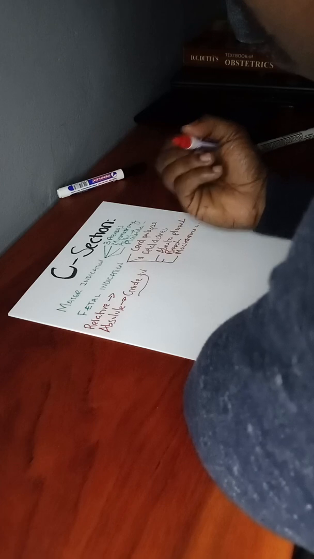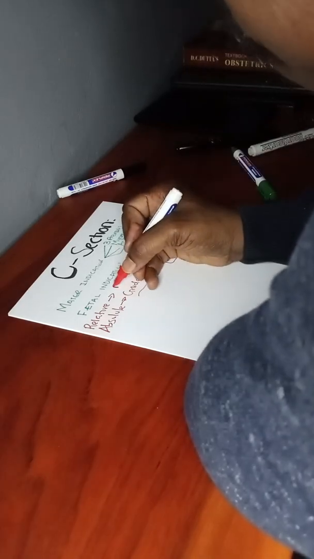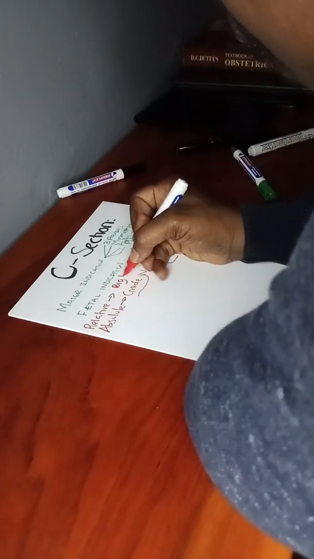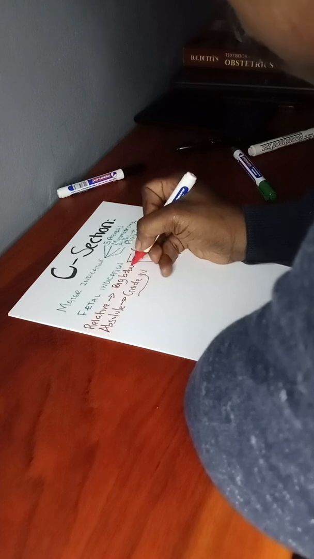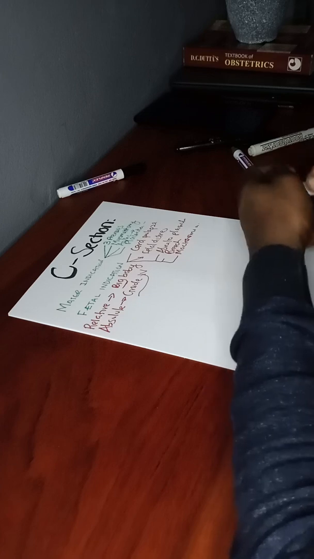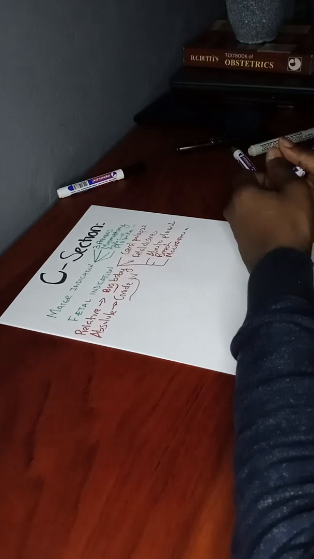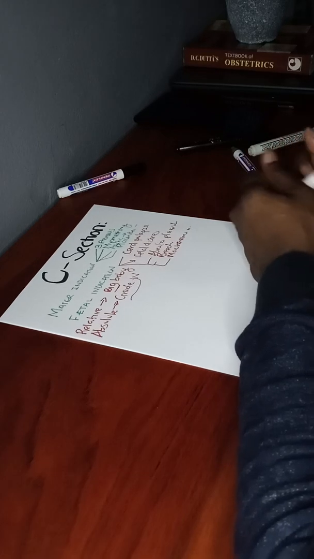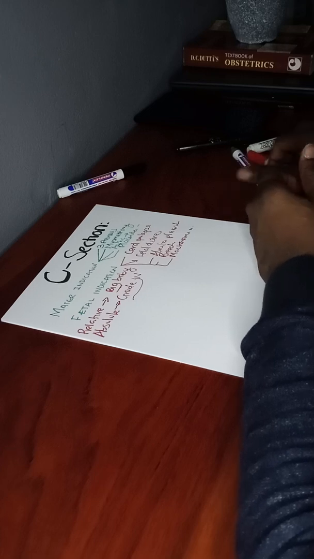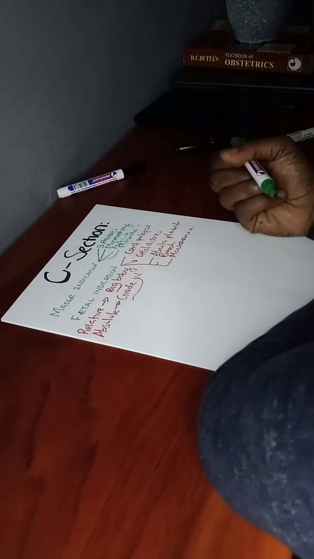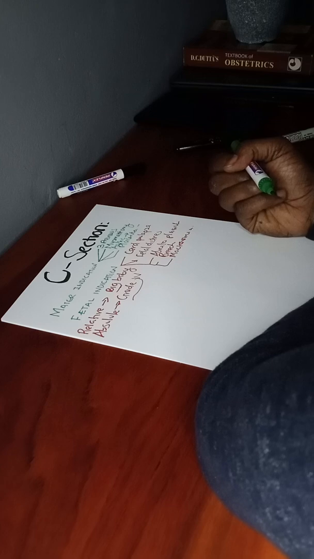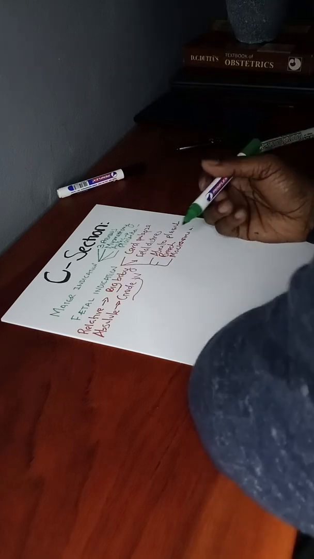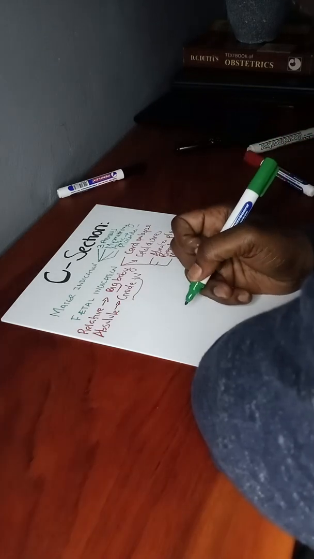In a patient with a big baby, for instance, that is a relative indication for cesarean section, because we've seen mothers deliver 5 kg babies and 4.5 kg babies. So if we say the indication for this Caesar is big baby, then that is an example of a relative indication.